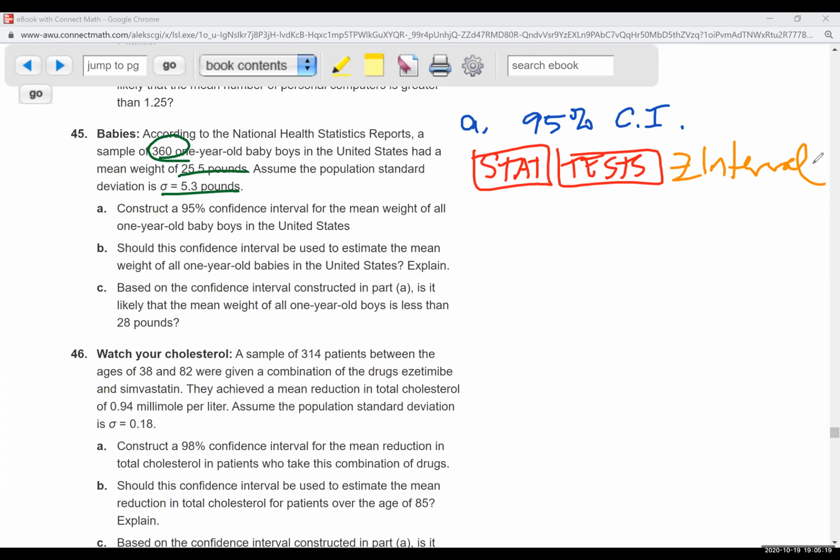Standard deviation 5.3, mean 25.5, n is 360, and confidence level 0.95. What's your answer?